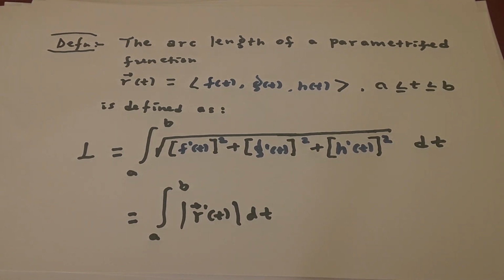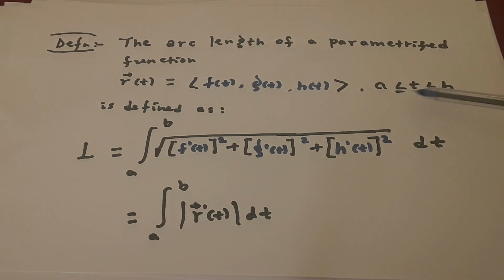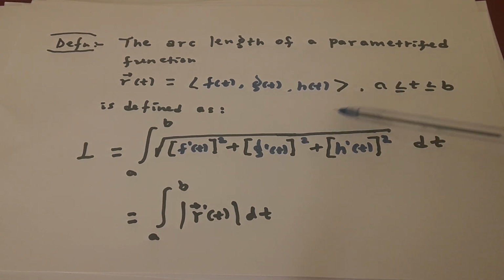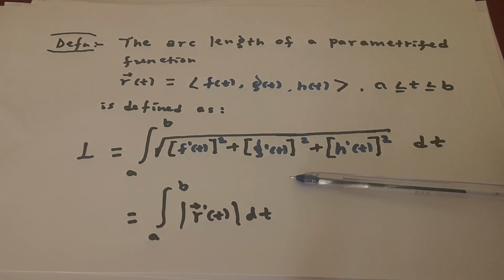The length of the curve between two points may be the distance traveled by the object between the two points. So the arc length of a parameterized function r(t) = ⟨f(t), g(t), h(t)⟩ is defined with this formula.